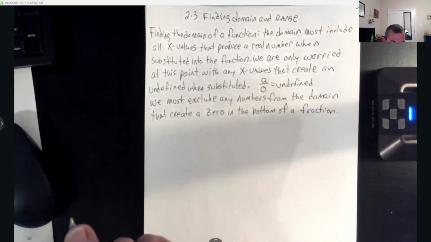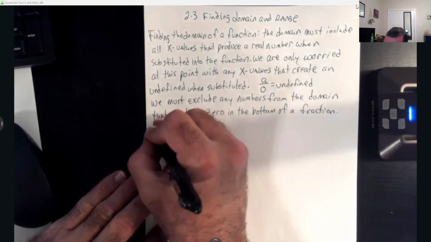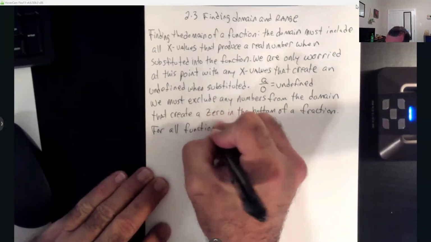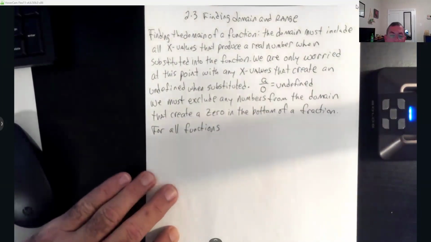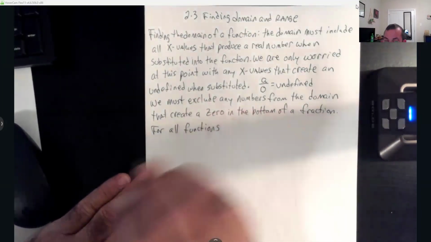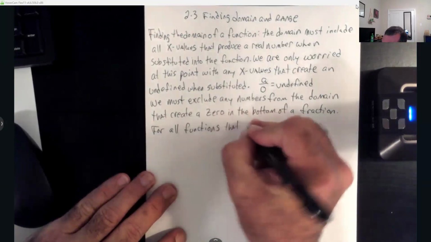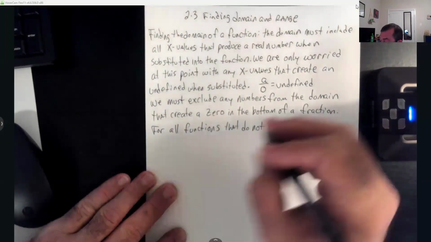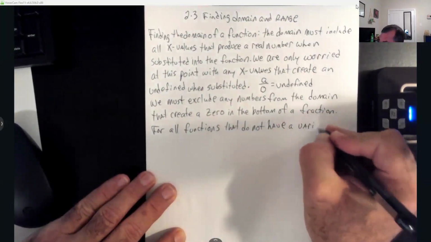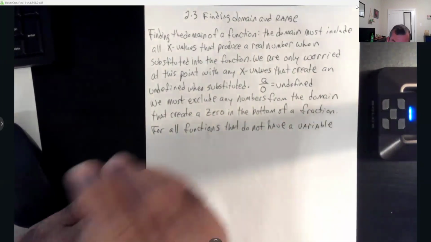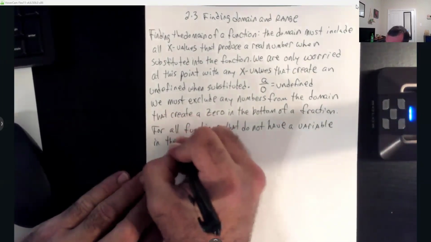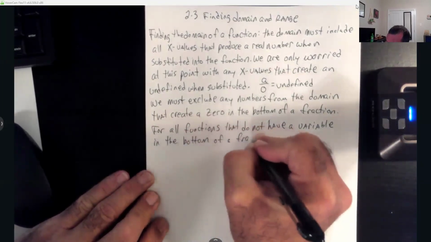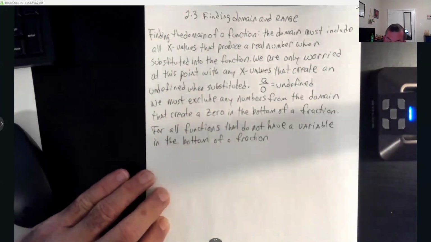Now, check this out. For all functions, and this is all functions, so for all functions that do not have a variable in the bottom of a fraction, we know what that means.